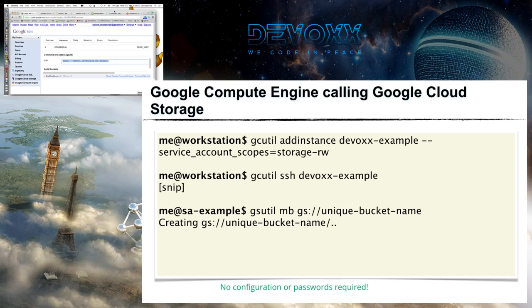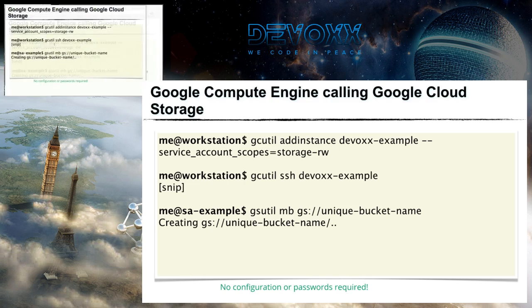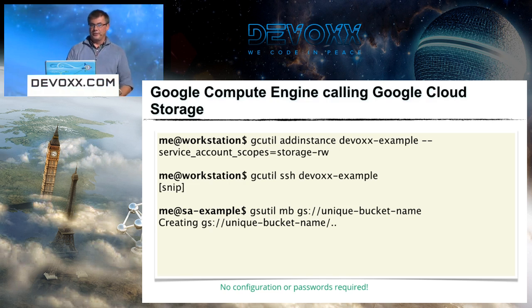So this was a brief presentation on how you create an instance. So here, this is a slide view of it. Obviously, we have integrated all the Google services, so you can really access, for example, Google Storage.